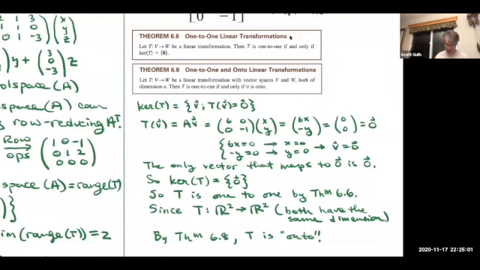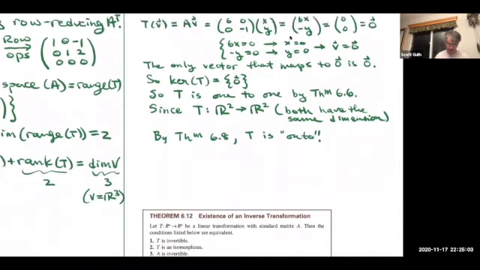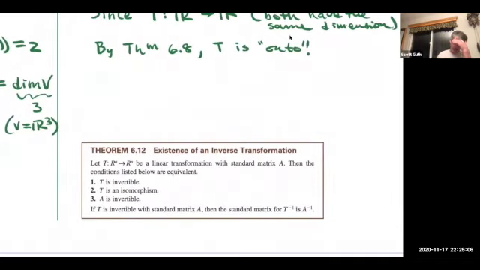Okay, so then I went ahead and grabbed theorem 6.12, which says basically the following are equivalent: that a transformation is invertible, that it's an isomorphism, or that its matrix is invertible. These are all the same thing. So just to remind you of an isomorphism, it says that T is 1-to-1 and onto.